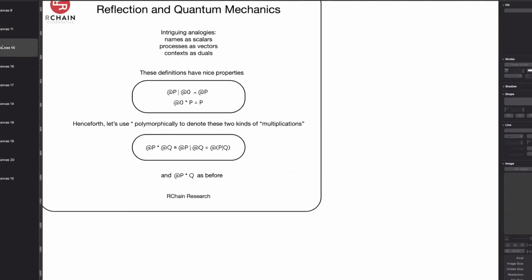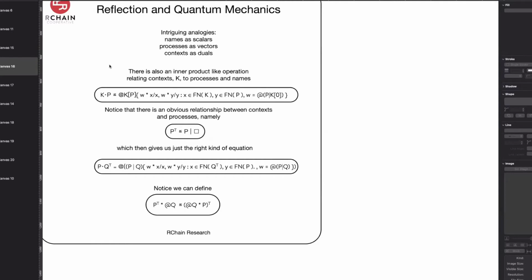But at this level we don't really have a star, but we're going to say that the star is the par, so that we can use the star polymorphically. Whether we're multiplying names against names or names against processes, we'll use the same notation and interpret it polymorphically, right? Does that make sense? Okay. Yes, thanks. Sure. Okay.